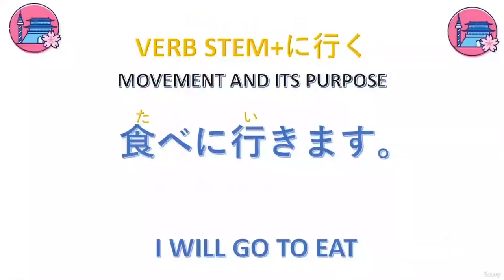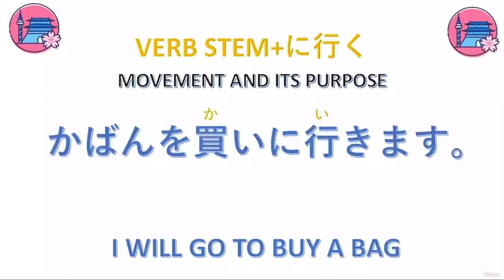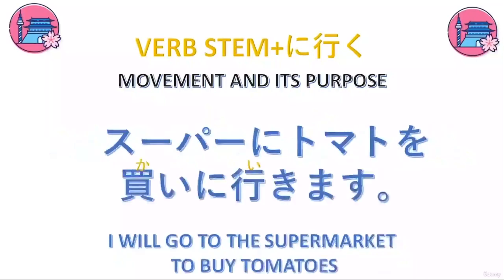Let's take a look at some examples. 食べに行きます. I will go to eat. カバンを買いに行きます. I will go to buy a bag. スーパーにトマトを買いに行きます.